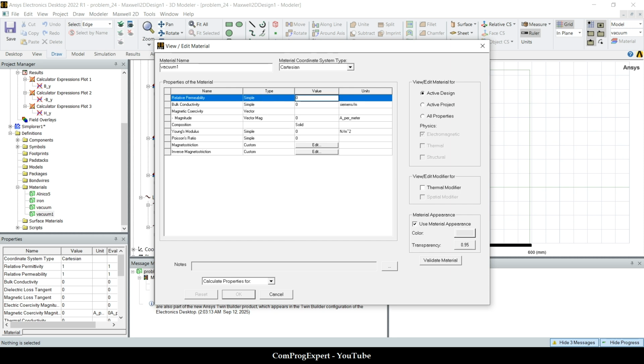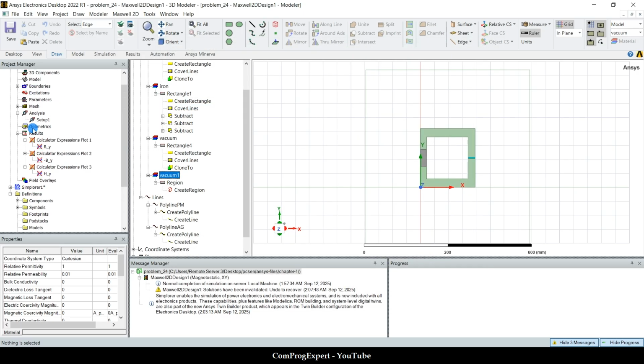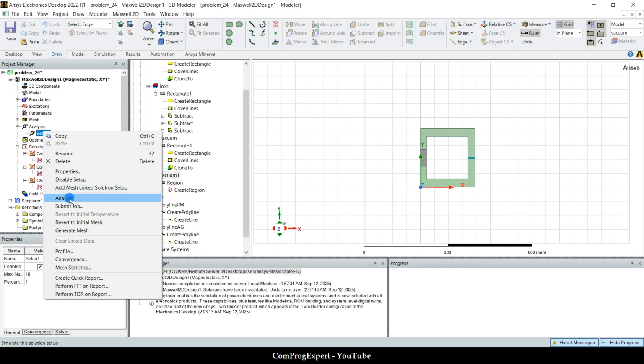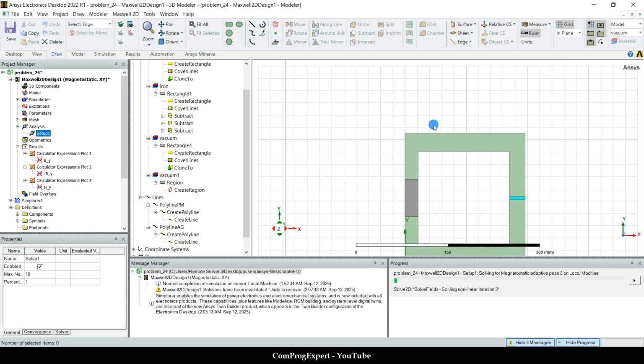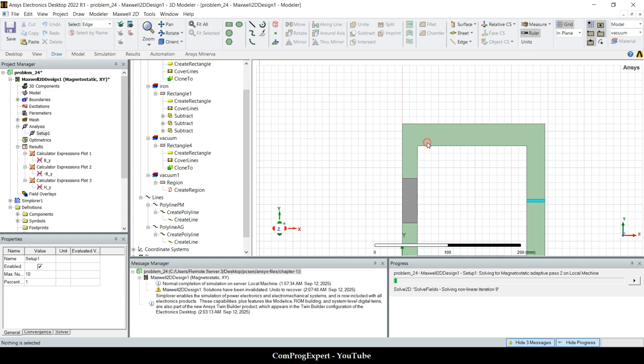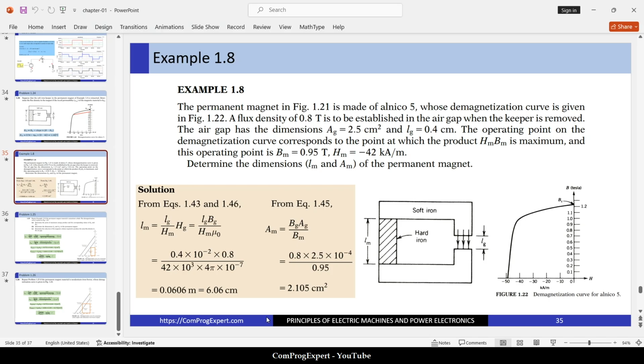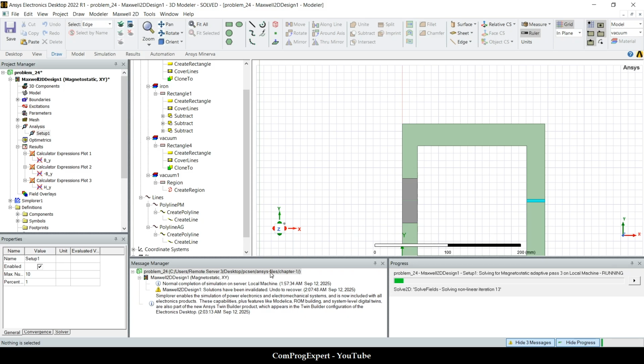Let's consider it equal to 0.01, a low number. And repeat the analysis. We have a region with a very low magnetic permeability. So the permeability of this iron part is much higher than that. We shouldn't have leakage flux, and consequently we should be able to get these two numbers.